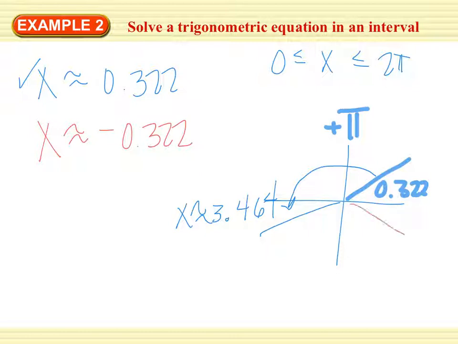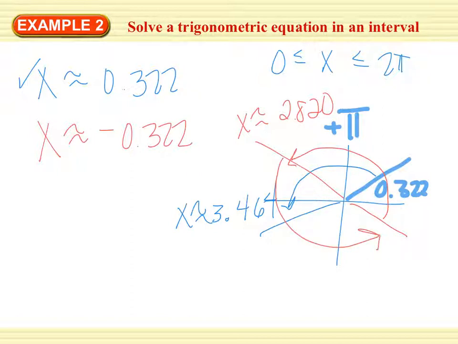That's going to be down here. If I add pi, I get x is approximately 2.820. If I add another pi, I get 5.961.